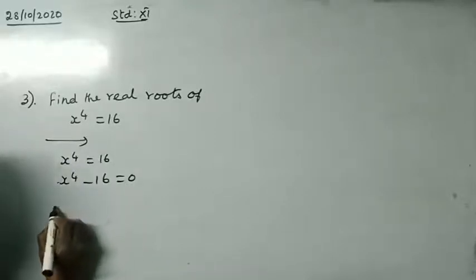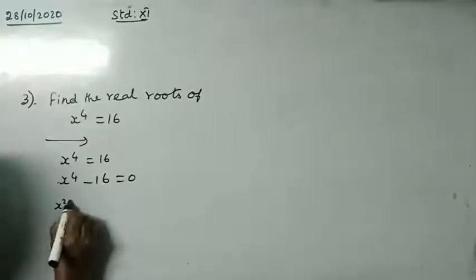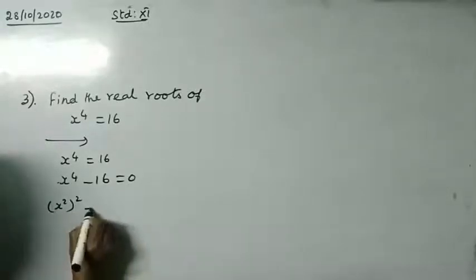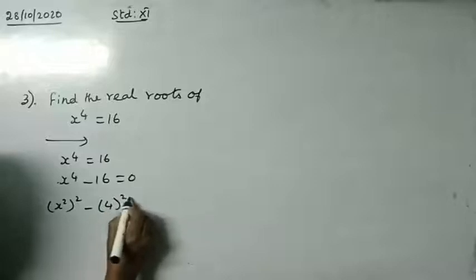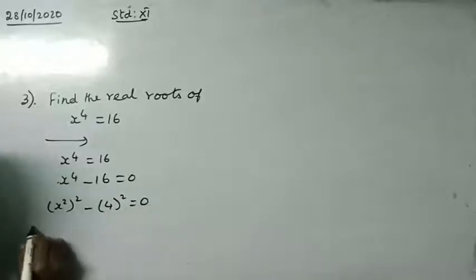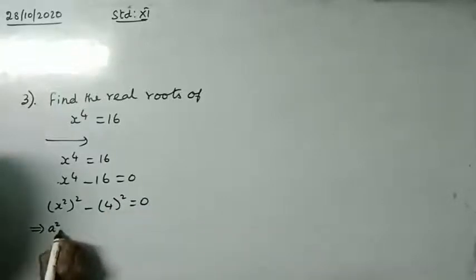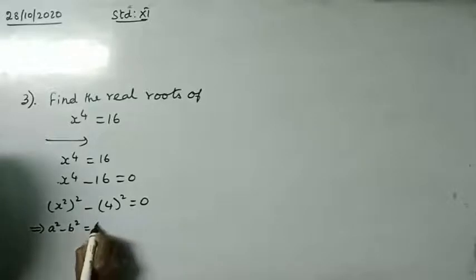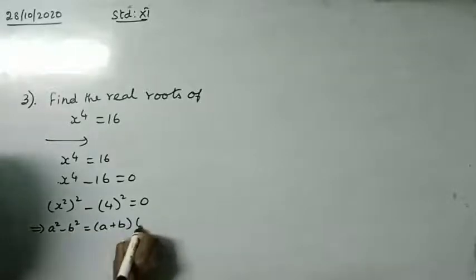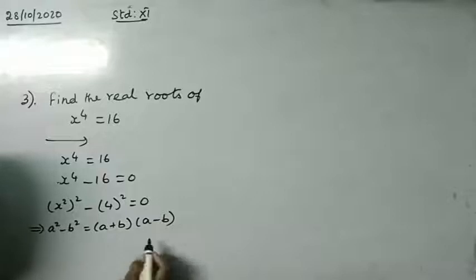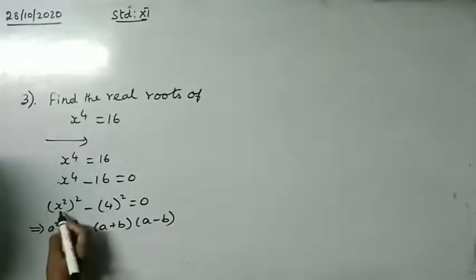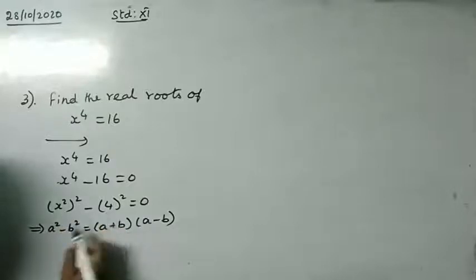So now take this equation as (x square) the whole square minus (4) the whole square is equal to 0. Hence we get the identity here, a square minus b square is equal to a plus b into a minus b. By using this identity, instead of a use x square, instead of b use 4.